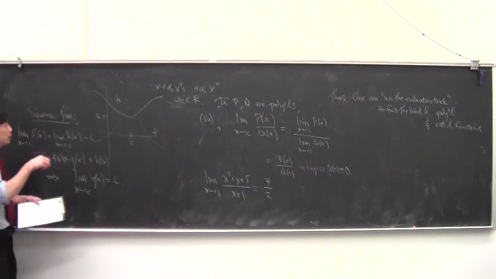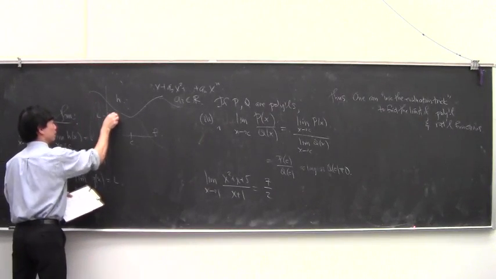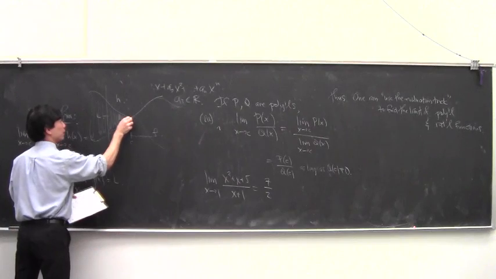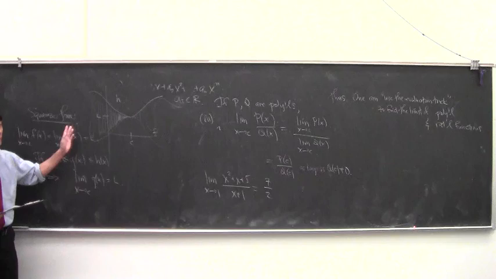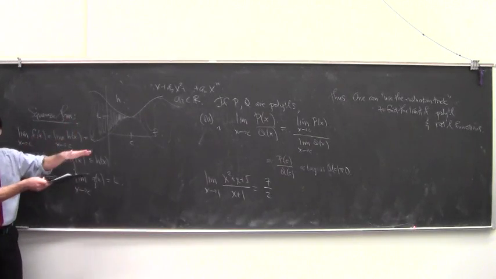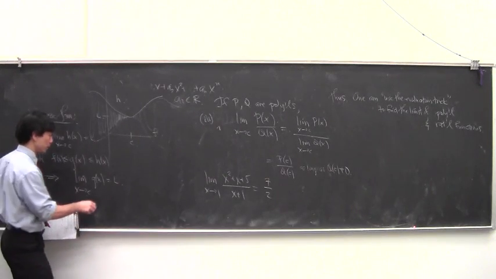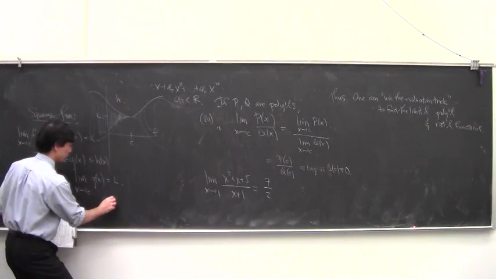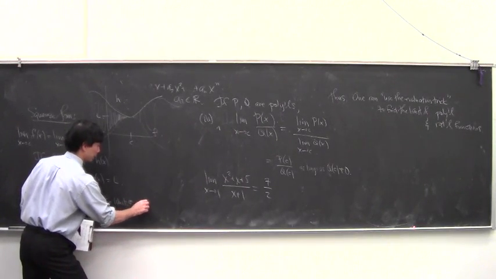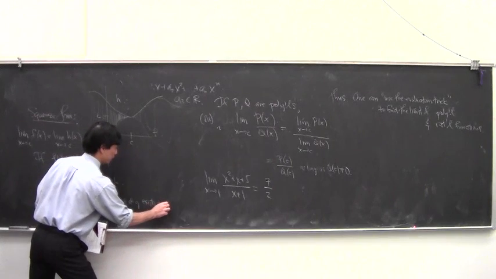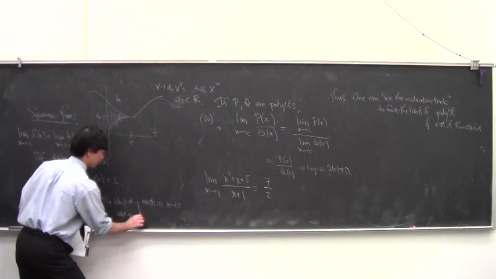Even if the third function is very wide, maybe it oscillates tremendously or does crazy things, because the other two have a limit there, the third function is forced to have a limit. So the limit exists.